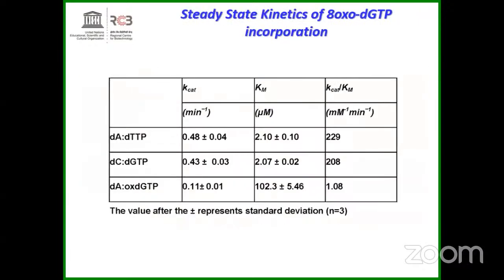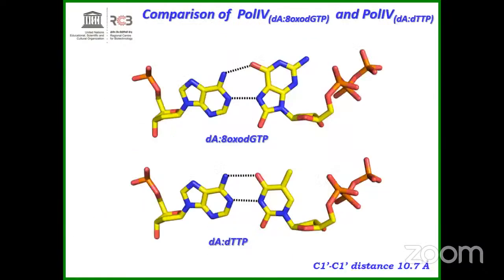Jitesh had seen the same thing. So these are kcat by Km values, which provide the catalytic efficiency for these incorporations. So for the incorporation of 8-oxo-dGTP opposite dA, there is a significant amount of incorporation possible by DNA polymerase 4. So he saw the structure, and you see in the structure that there is a Hoogsteen base pair compared to the Watson-Crick base pair.